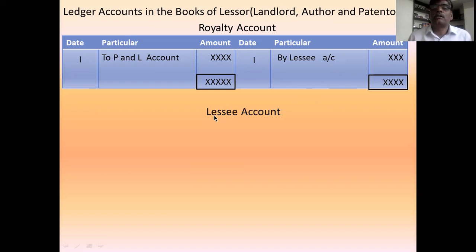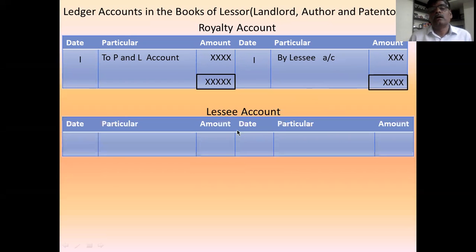Then the second account is the lessee account. Lessee means a tenant or publisher or manufacturer. In his account, on the debit side you write the year and date, and on the credit side you write the year and date. Debit side, to royalty; credit side, by P&L account. This is common. Debit side, to royalty; credit side, by bank.